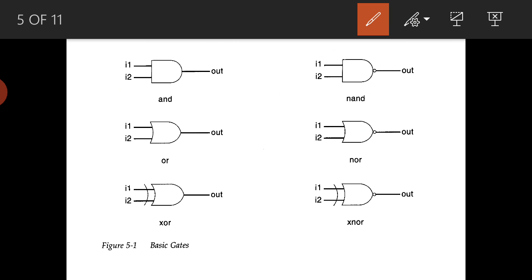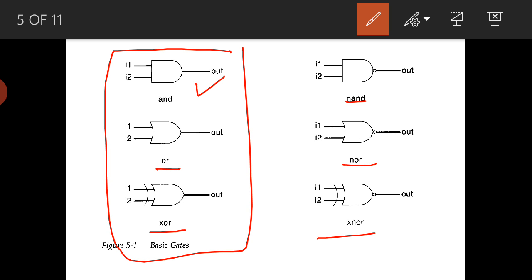So these are the symbols for the and gate, or gate, XOR, XNOR, NOR, and NAND. NAND is just and with a bubble, NOR is or with a bubble, and XNOR is XOR with a bubble.